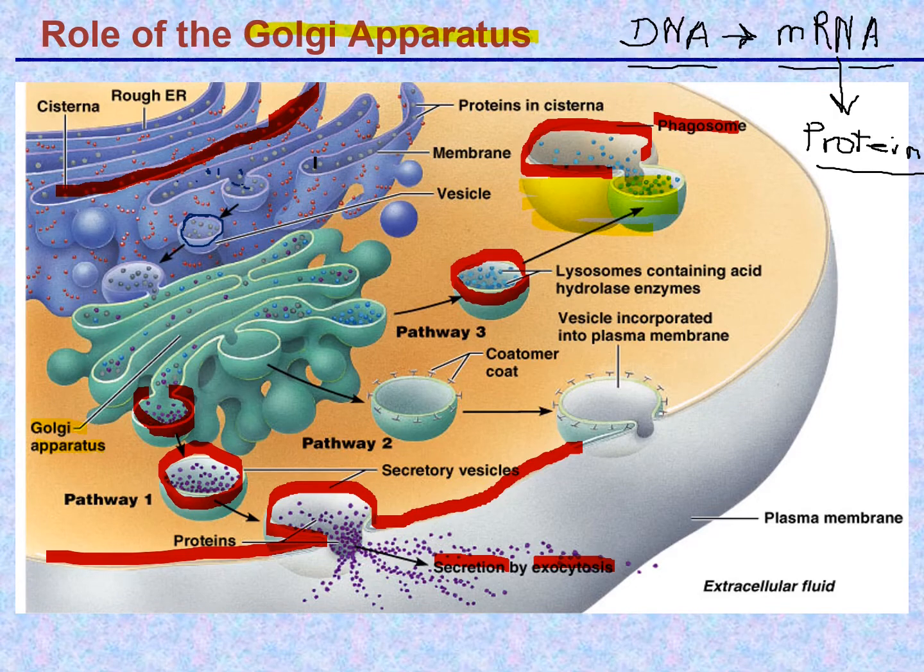At that point, the phagosome is called a phagolysosome. Okay, so with phagocytosis, you get formation of a phagosome, and the phagosome will then fuse with a lysosome to form a phagolysosome.